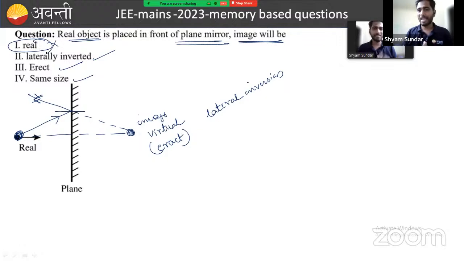The options are simple. Clear? Okay, object distance here will be equal to image distance. Is it clear?